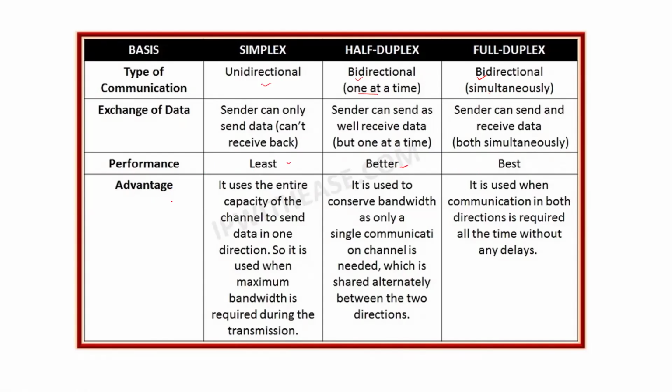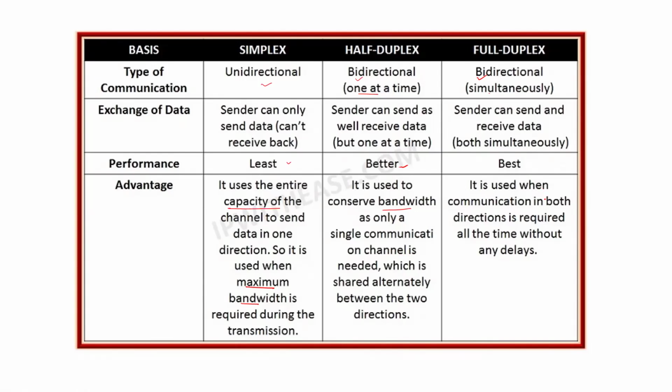And the advantage of one over the others: in case of simplex, it is going to utilize the entire capacity and maximum bandwidth is used here. Whereas in half duplex, since communication is possible both sides, but only one at a time, it is going to conserve the bandwidth and utilize a single communication channel.